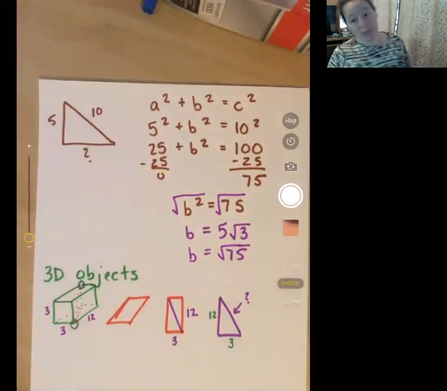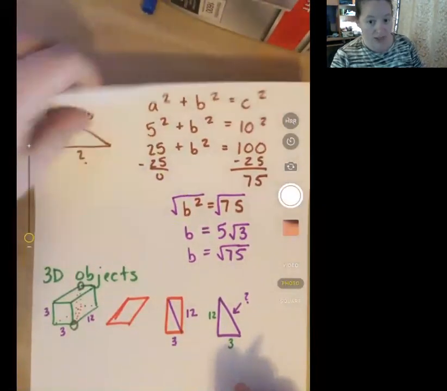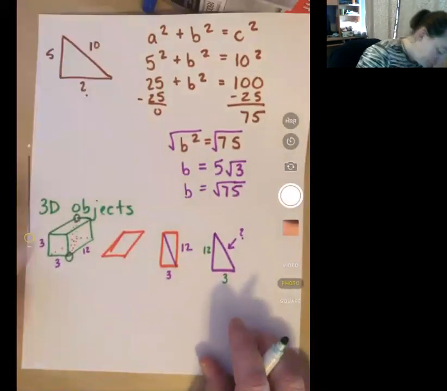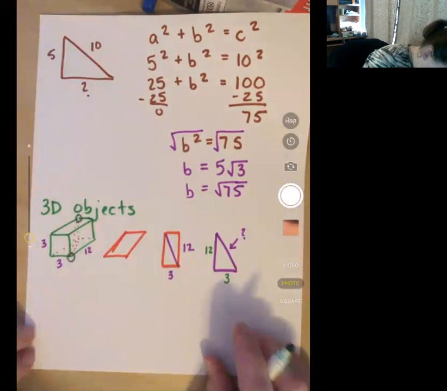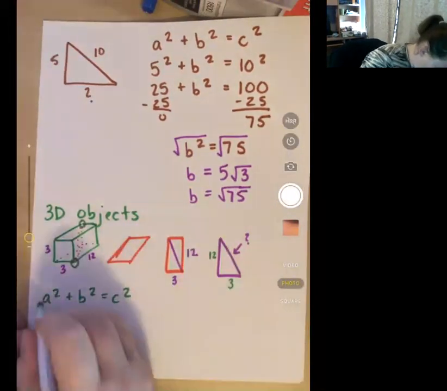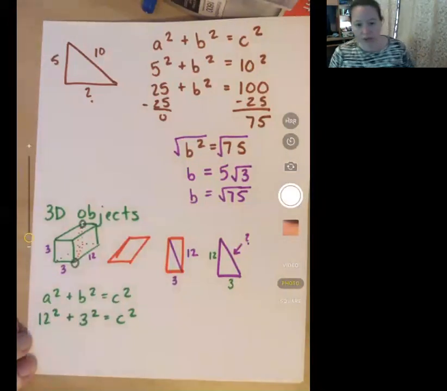I can now take my Pythagorean theorem and find out what that is. That's my long line. That is my hypotenuse. So I rewrite it. a squared plus b squared is equal to c squared, where a is 12, b is 3, and I don't know what c squared is. Okay?